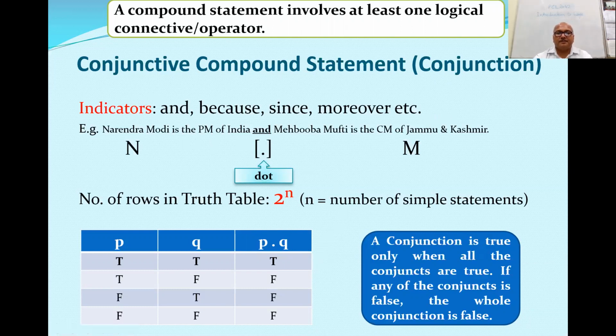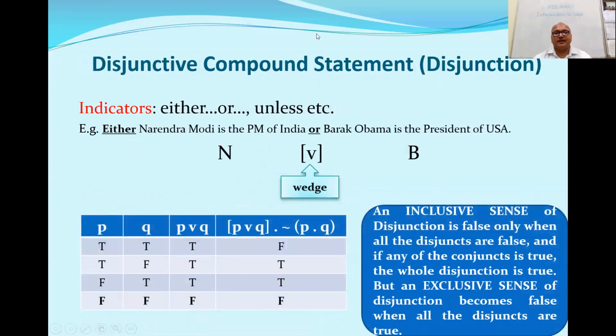Now move on to another kind of compound statement, called a disjunctive compound statement, or in short, disjunction. So how do you identify that a particular statement is a disjunctive compound statement?